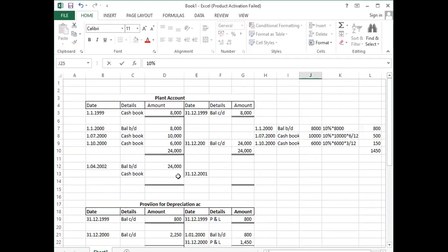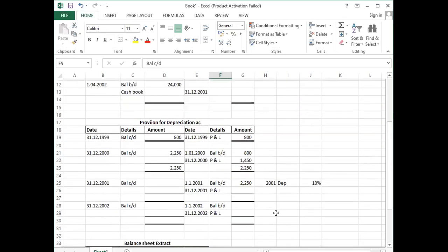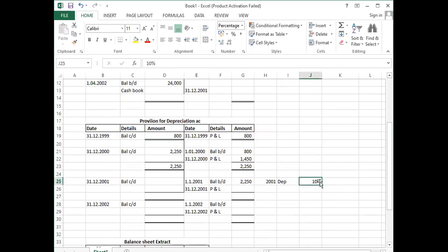And as at year 2001, the amount that we had was still 24,000 in terms of the machinery, right? I hope you are able to see that. So multiply by 24,000 to get a value of 2,400. I hope that is clear.